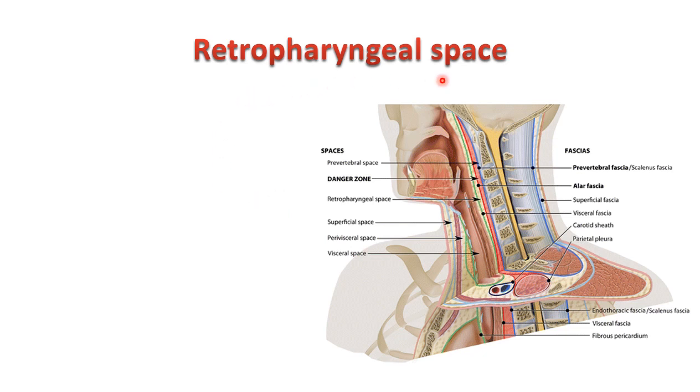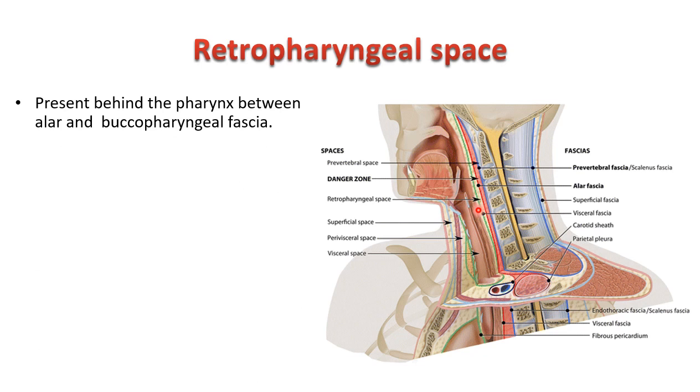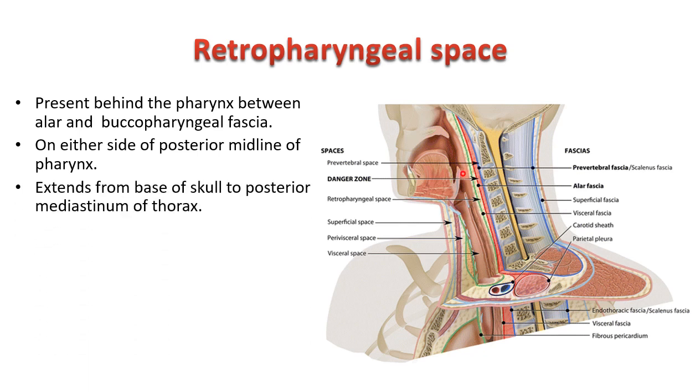Okay, so we will try to understand the fascial spaces and their communications. First, we will see the retropharyngeal space. So the retropharyngeal space, the name itself suggests it is present behind the pharynx. Okay, so that is the buccopharyngeal fascia and the alar fascia. So between the buccopharyngeal and the alar fascia, you have the retropharyngeal space. And as I told you, these two fuse in the midline, so it is immediately on either side of the midline posteriorly.